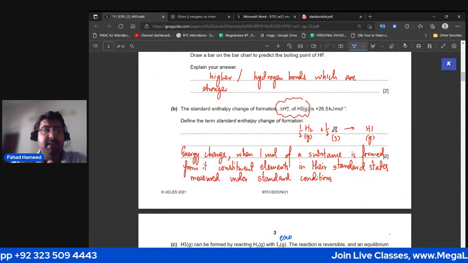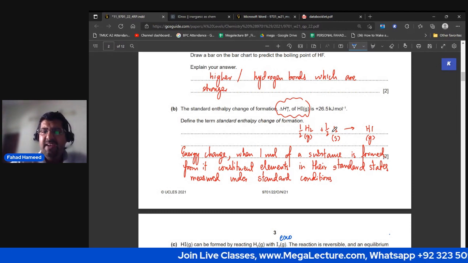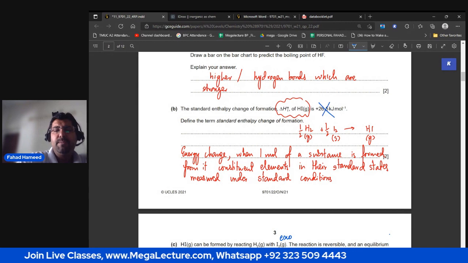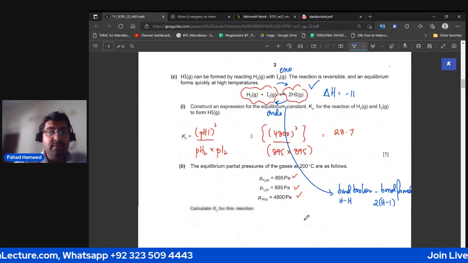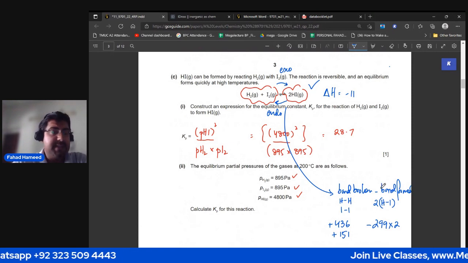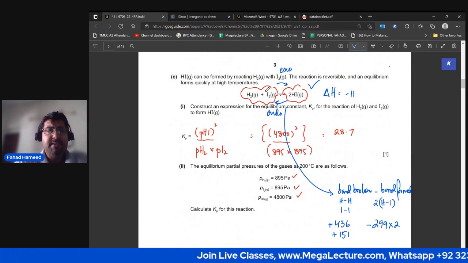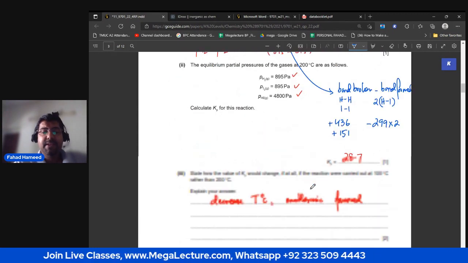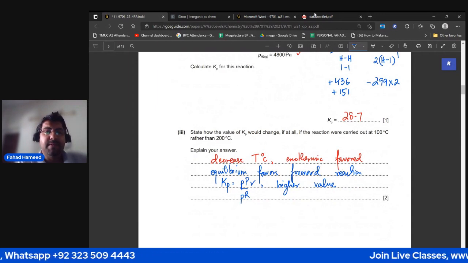The element has to be under standard conditions. So I decided not to use this value, especially for the equilibrium that followed. That was endothermic. I calculated my own enthalpy change using the bond energies given in the data booklet, and I figured out that it's actually coming out to be exothermic, because over here iodine is a gas. So I figured out if it's exothermic and you're decreasing temperature, then the forward reaction would be favored.